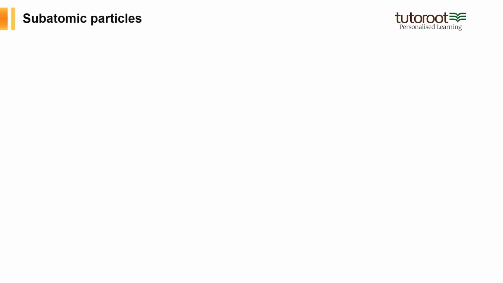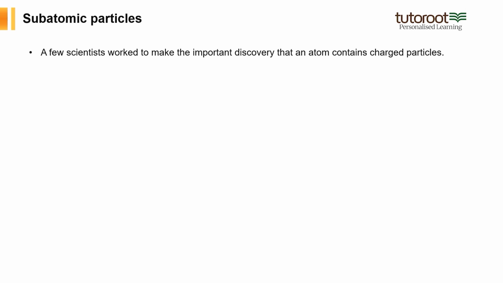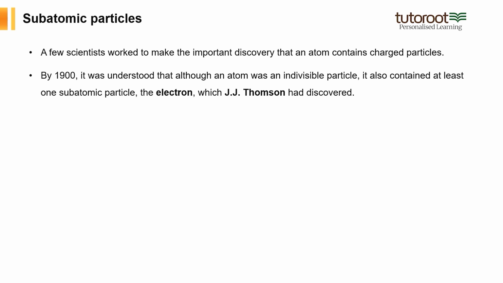And now quickly let's move on to the next topic, that would be subatomic particles. A number of scientists worked to make the important discovery that an atom contains charged particles. By around the year 1900, it was understood that although an atom was thought to be an indivisible particle, it also contained at least one subatomic particle, which is the electron, which none other than J.J. Thomson had discovered.